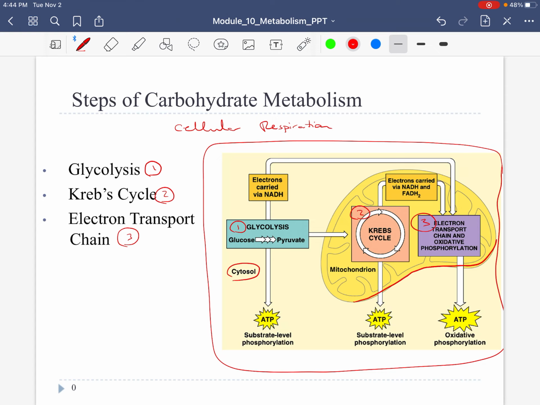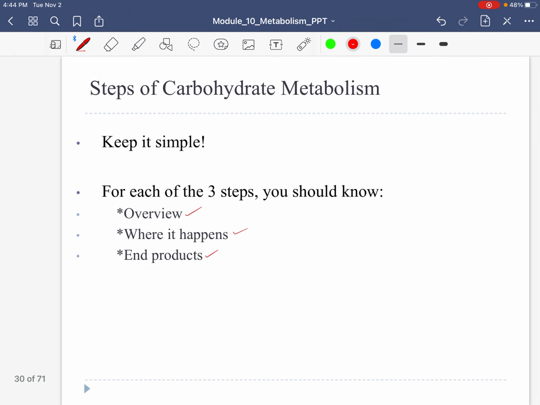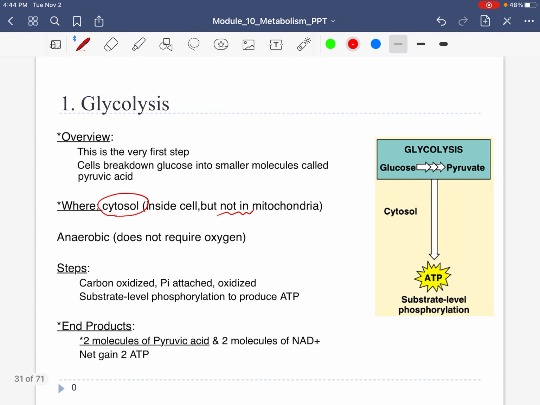It could be whatever cell. Well, you may remember from another class that you had before, maybe, the part of the cell that is called the powerhouse of the cell that really produces energy, is called the mitochondria. So the next two steps, the Krebs cycle and the electron transport chain, they happen in the mitochondria because that is, in fact, the organelle that makes the energy. But it starts in the cytosol.